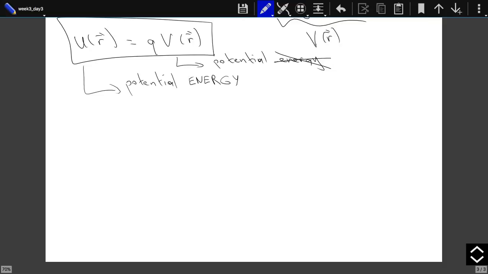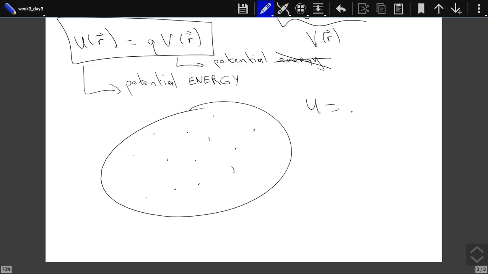Now we can talk about, for example, the potential energy given several charges, not just one. We can talk about the total potential energy of this system. The total potential energy of this system would be nothing but the work that we have to do in order to bring all these charges from infinity to their final position.